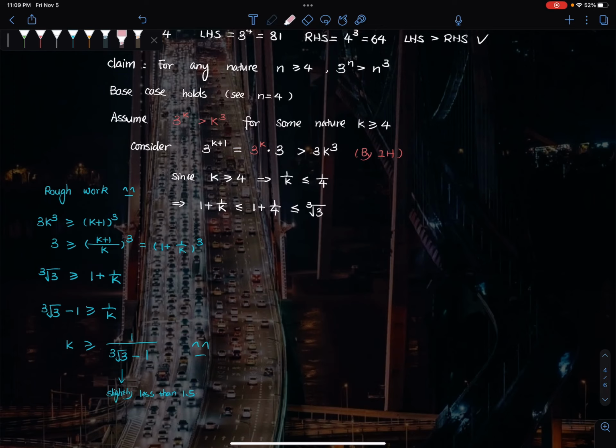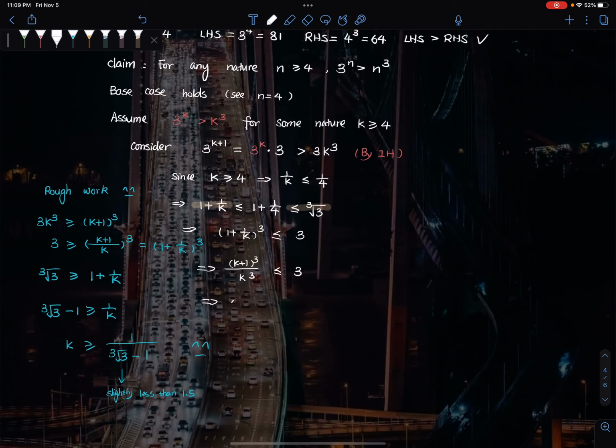So now what we have is this is less than or equal to this. Now take power 3 on both sides. So (1 + 1/k)^3 is less than or equal to 3. So you're doing it backwards, so I want to write it in this way. So (k+1)^3 over k^3 is less than or equal to 3.